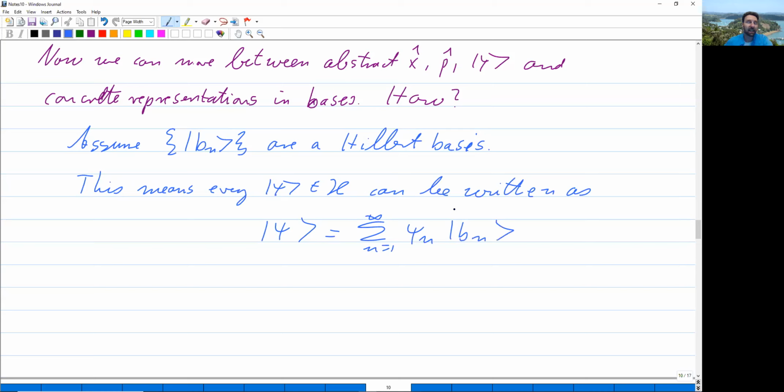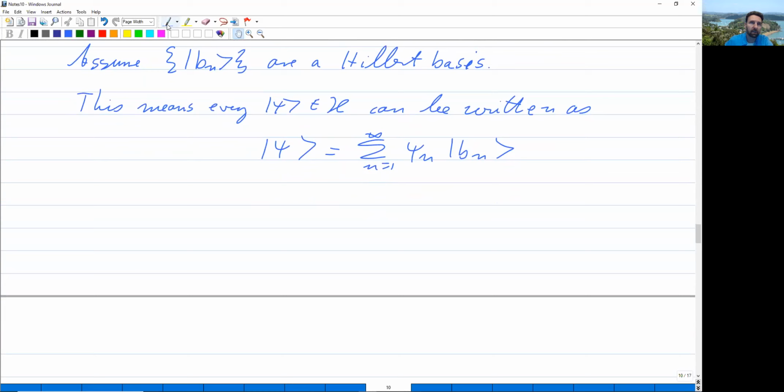Remember, this is the definition of what is a Hilbert basis. A Hilbert basis is a bunch of vectors that are orthonormal and such that every psi can be represented in this way. But then, what are the coefficients? Here, these guys. What are they?